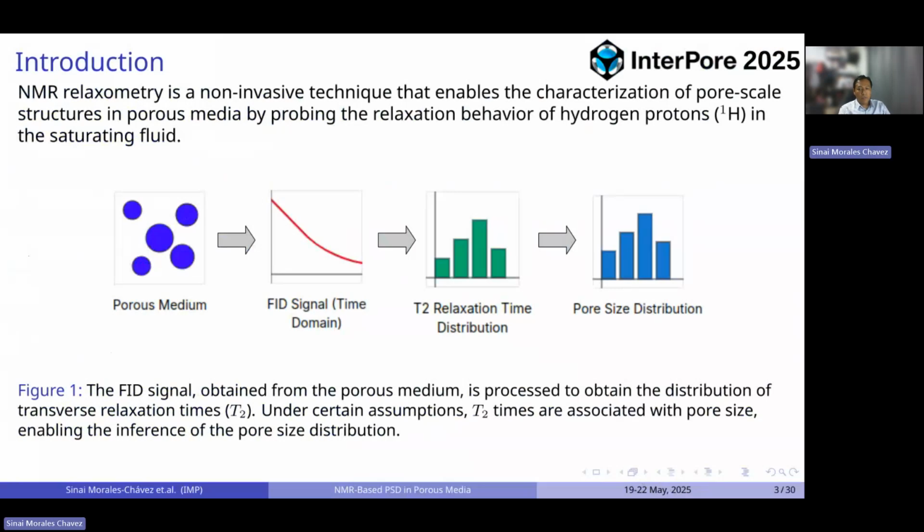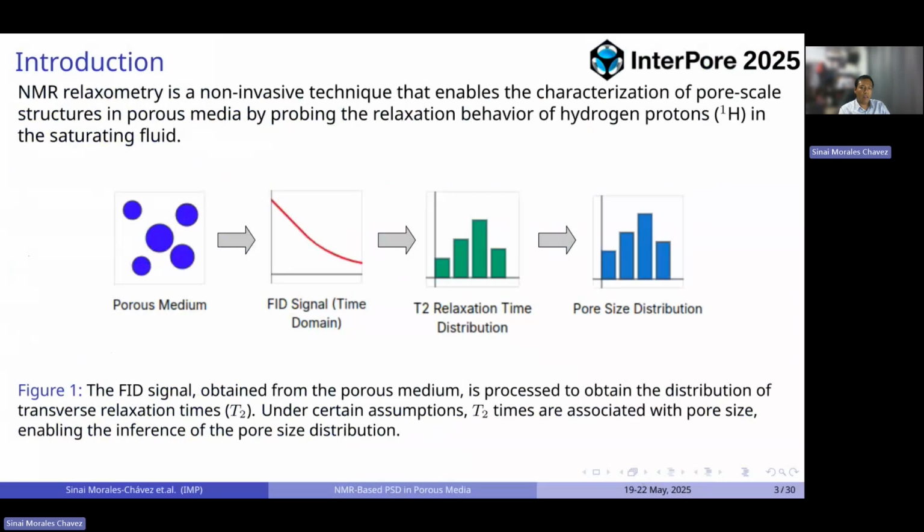Nuclear magnetic resonance relaxometry is a non-invasive technique that allows us to probe the internal structure of porous media by analyzing the relaxation behavior of hydrogen protons in the saturating fluid. When we apply an external field and an excitation pulse, we obtain what is known as the free induction decay signal.